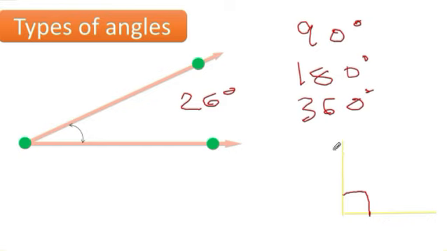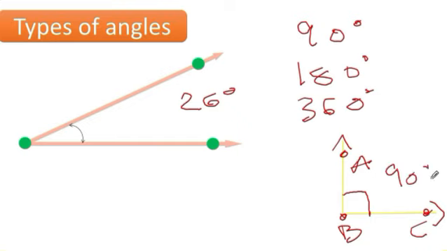Even if you haven't labeled it as 90 degrees, the viewer can tell just by looking at it that it's 90 degrees because you have kept this square.